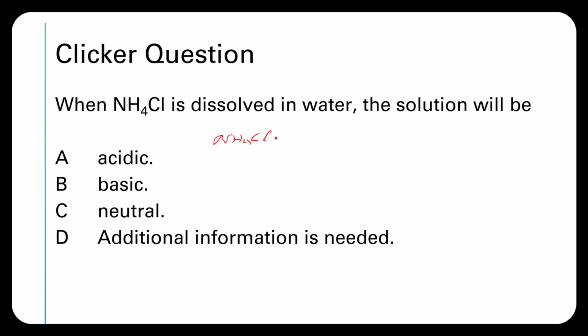It's going to dissociate completely into NH4 plus and Cl minus. The chloride ion is the conjugate base of HCl. It is neutral, and NH4 plus is the conjugate acid of NH3. NH3, of course, is a weak base, and this cation then is weakly acidic. So this will be an acidic solution.